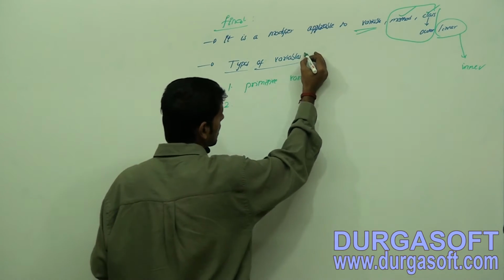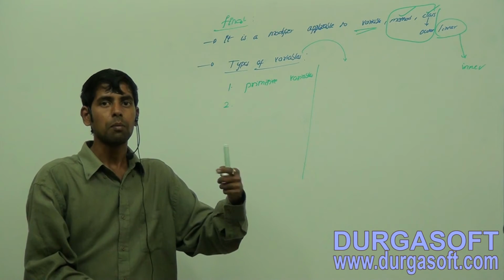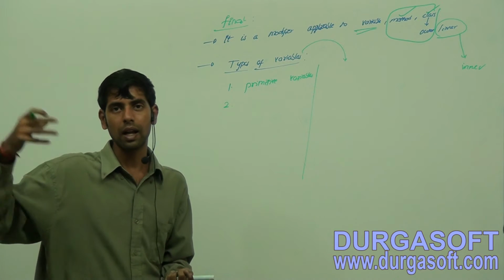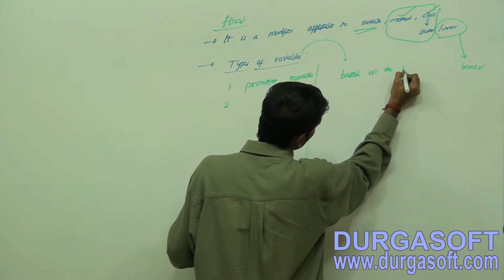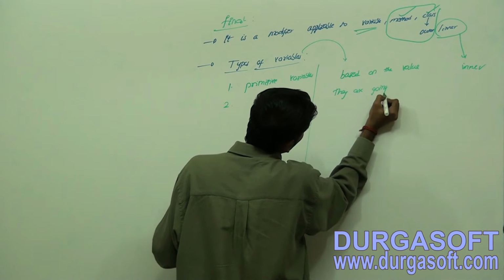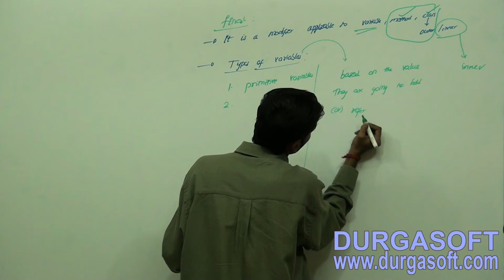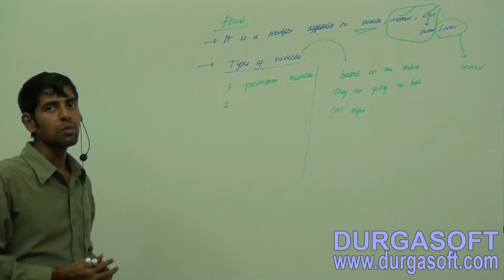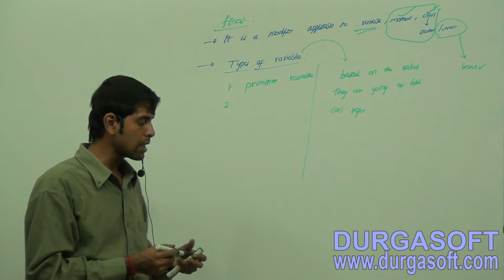Observe here, this categorization has been done based on the value they are going to hold or refer. One is primitive variables. The other one is reference variables.